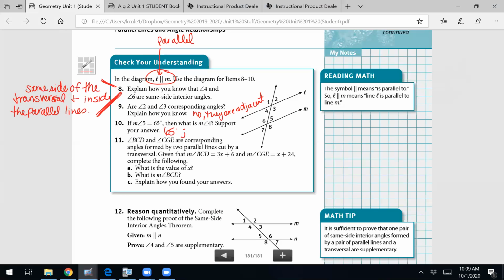What are 5 and 4? That's right, alternate interior angles. So you know that those are alternate interior angles, which means they're going to be congruent. So that is correct.